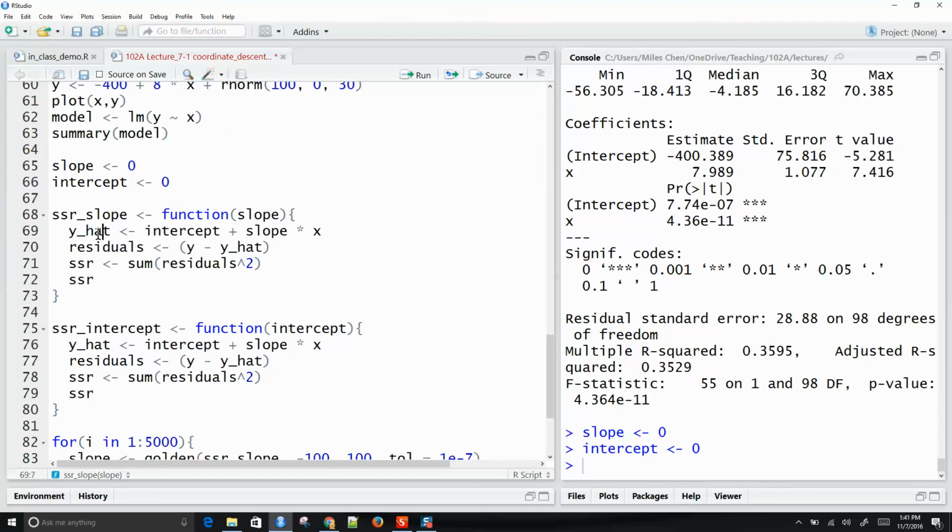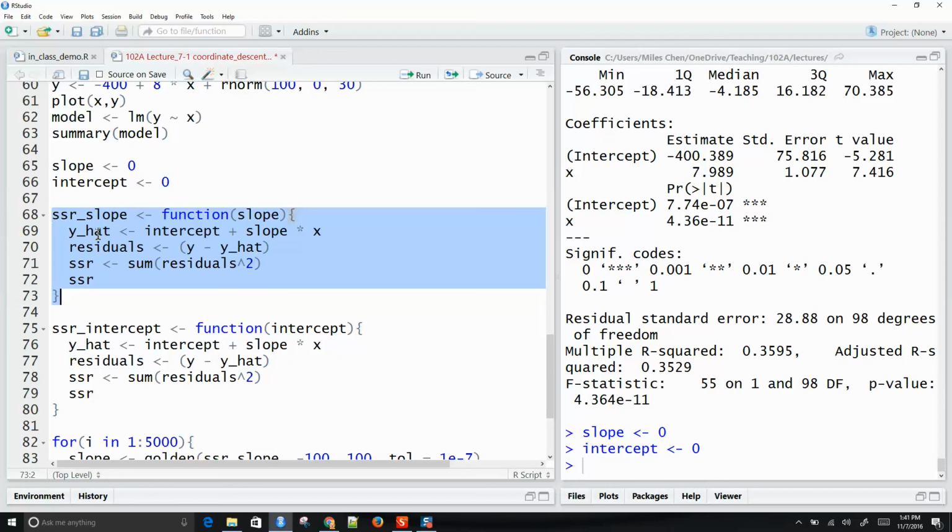We would do intercept plus slope times x. That's going to be what our estimates are. And then the residuals would be y minus y hat. And the sum of squares residuals is we would square those residuals and get the sum of squares back. Okay, and so here I have the function that's going to return the sum of squares residuals as a function of the slope.